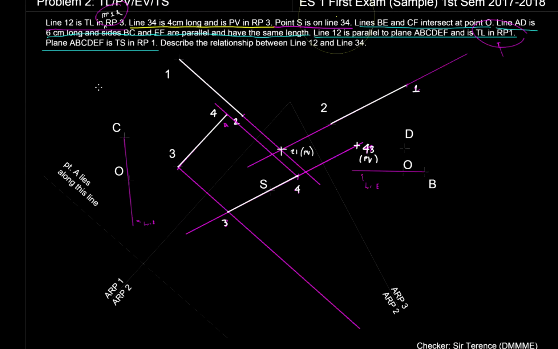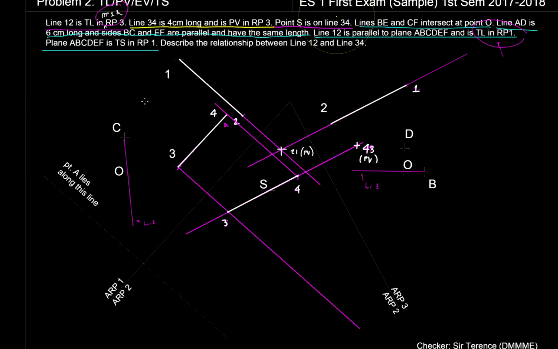Okay? So never mangyayari na true size siya dito, tapos pag nag-create ka ng reference plane, hindi siya magiging edge view. Always magiging edge view talaga siya. Okay? So, kung true size siya, any view before it should be an edge view, and that edge view should be parallel to that reference plane.